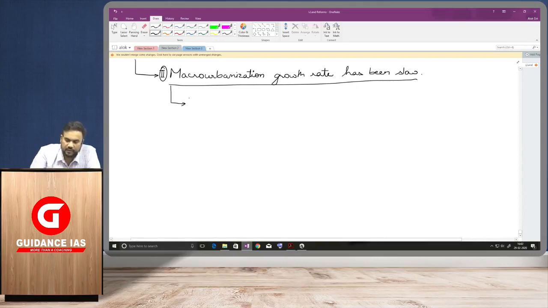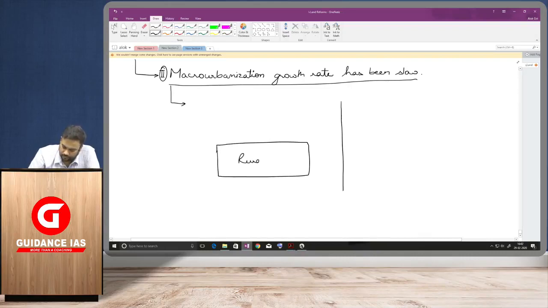Here essentially the reason is related to the fact that, if you look into this, this is the rural population base and this is the urban population base. ठीक है?